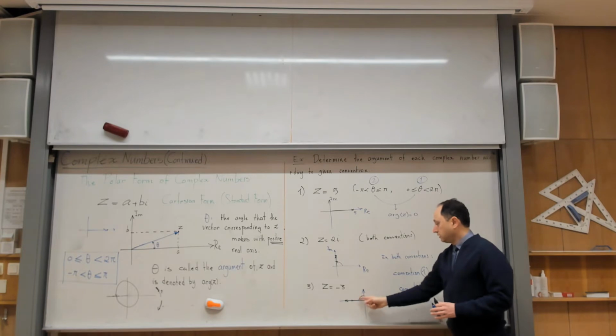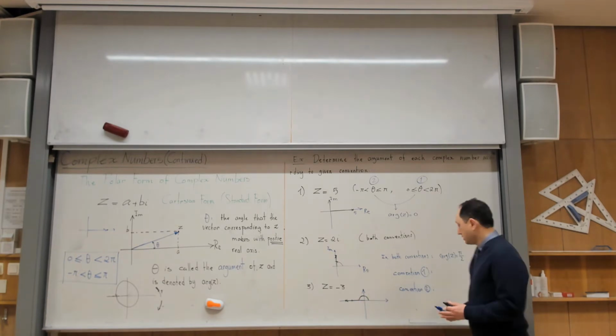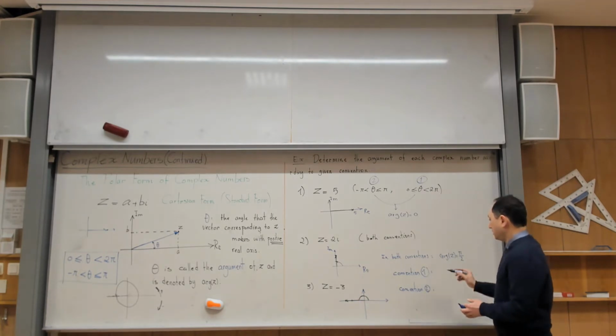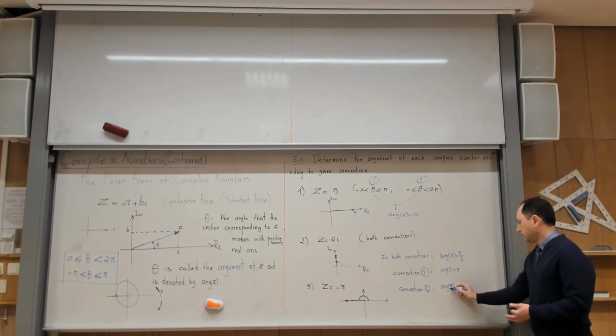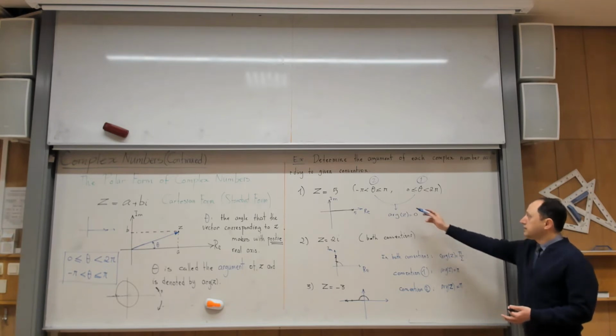So this angle is pi. Yes? So what you write in convention 1, you can say that argument of z in convention 1 is pi. So what do you say for this convention? What is this convention then? Again pi, yes? Because pi is also acceptable here.